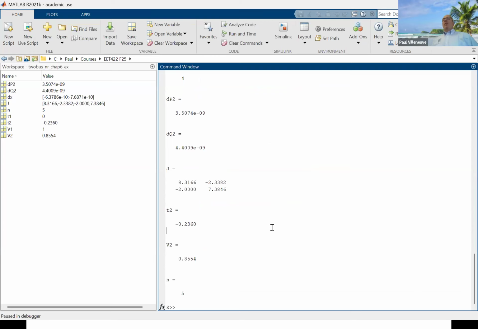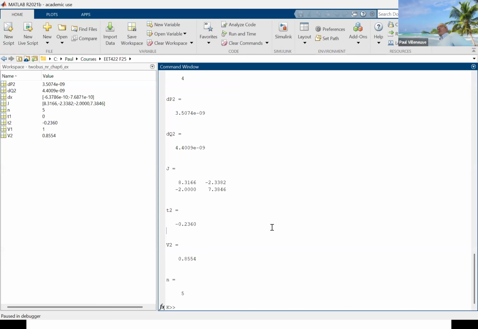I know V1 and T1. I didn't know V2 and T2, so now I have them. Okay? So those are the only ones that I need to get. I didn't calculate P, the P flowing from bus 1 to bus 2. I need those voltages first, and then I can calculate it. Then I can figure it out.